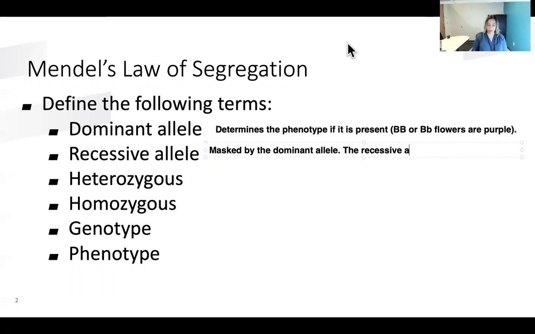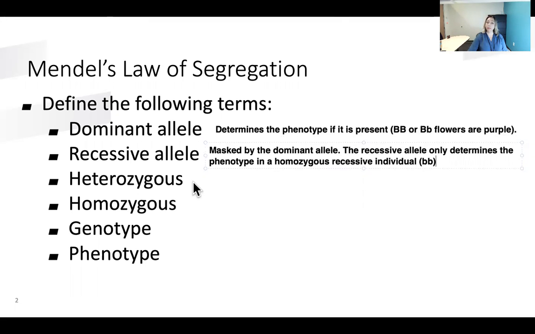The recessive allele only determines the phenotype in a homozygous recessive individual. That would be little b, okay? So big B, big B is homozygous dominant. Little b, little b is homozygous recessive.